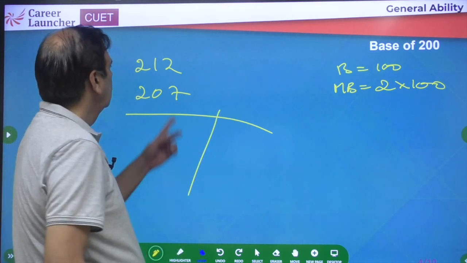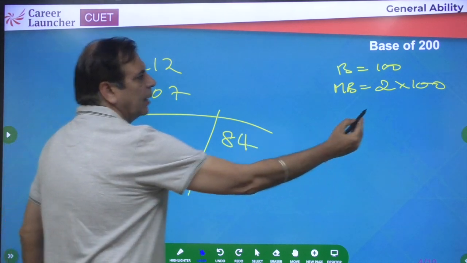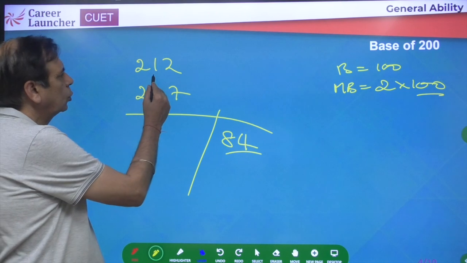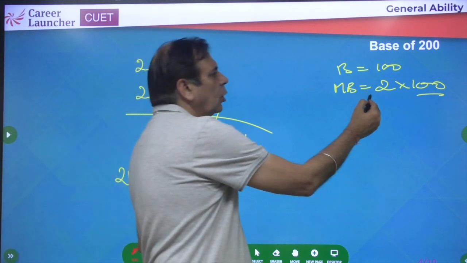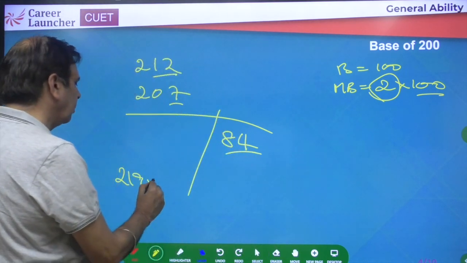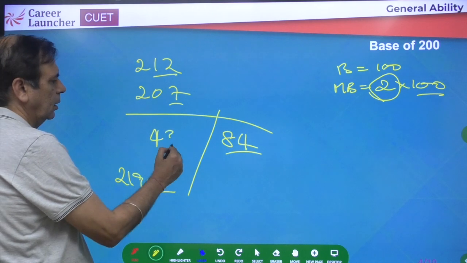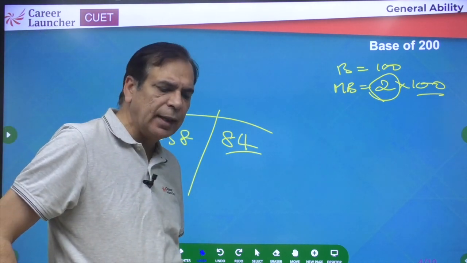Plus 12 into plus 7, 84. Left hand side, 212 plus 7, 219. Original base was multiplied with 2, so I'll multiply the left hand side also with 2. So 438. 43884. Perfectly fine, I hope.